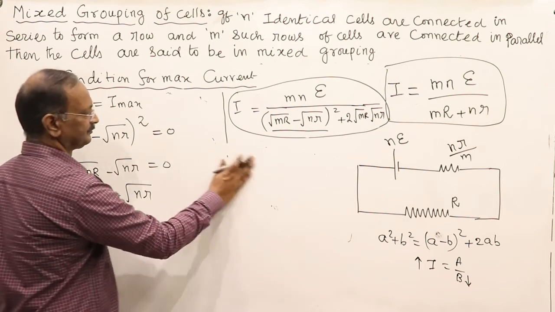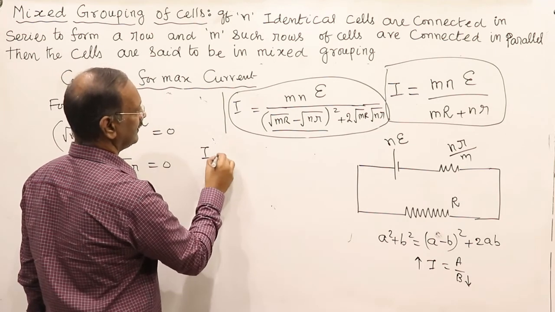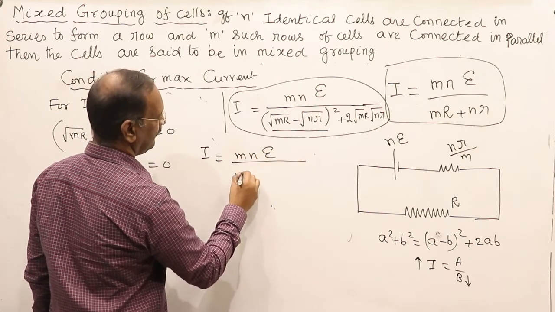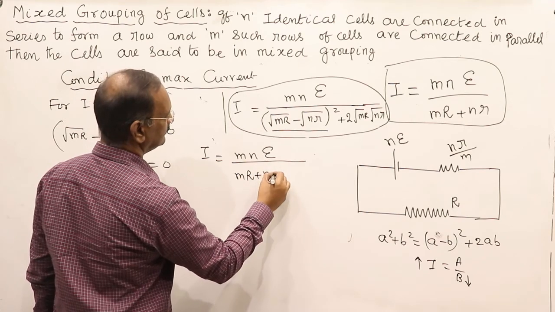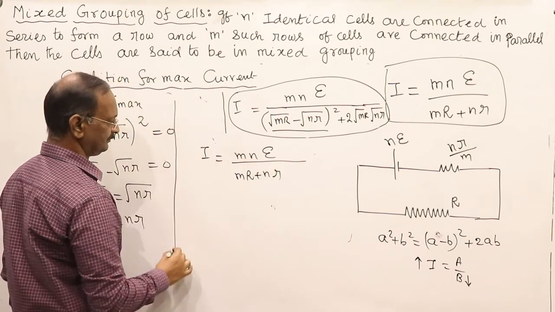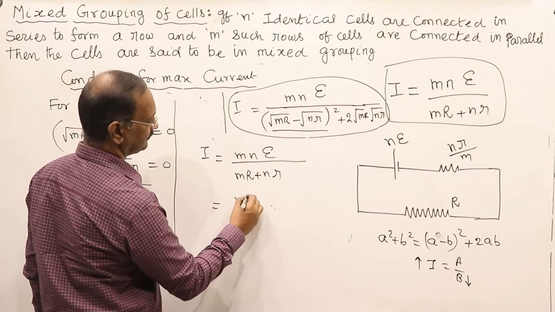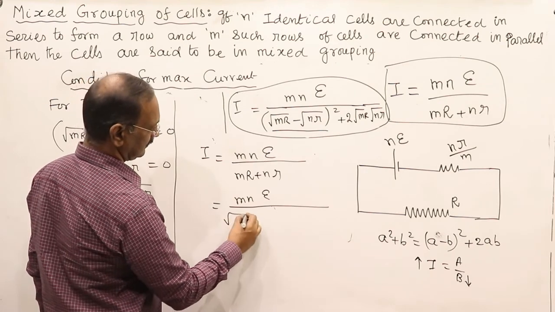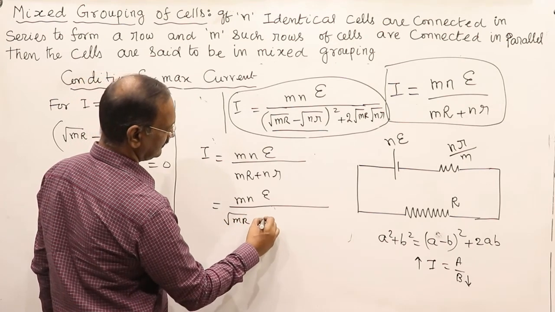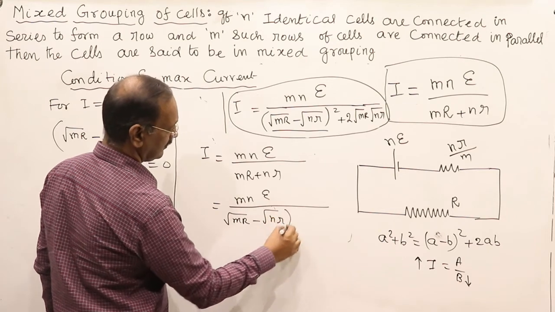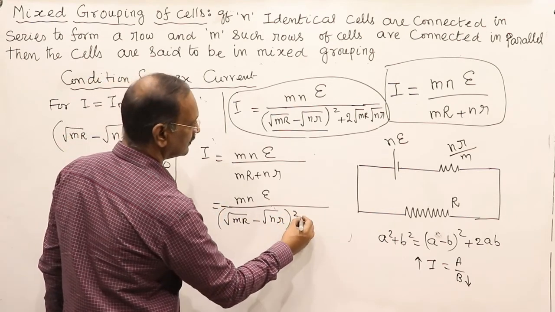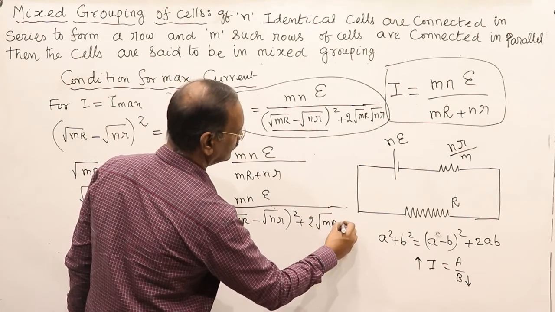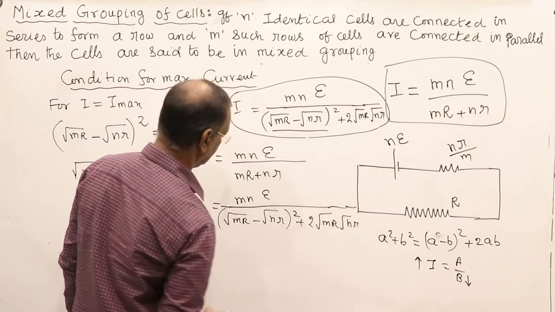Since I can be written as mnε₀ divided by (mr + nr), this can be written as mnε₀ divided by [(√(mr) − √(nr))² + 2·√(mr)·√(nr)].